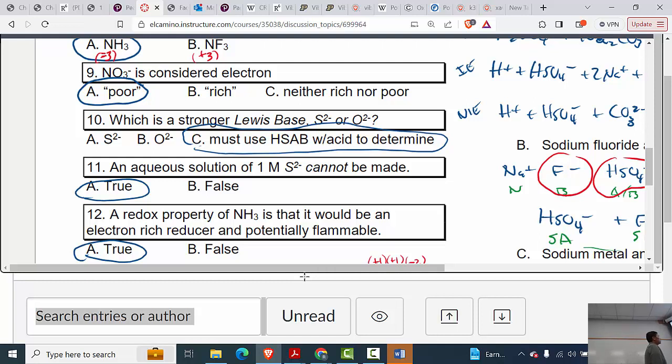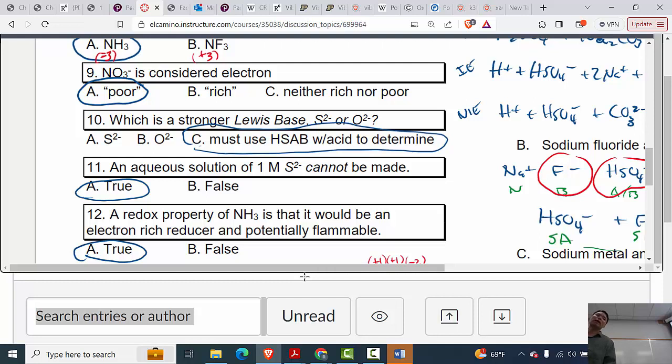11, an aqueous solution of 1 molar sulfide cannot be made. And that's true. Why not? Why can't we make a 1 molar sulfide solution? It has to do with the leveling effect. Tell me about the leveling effect.